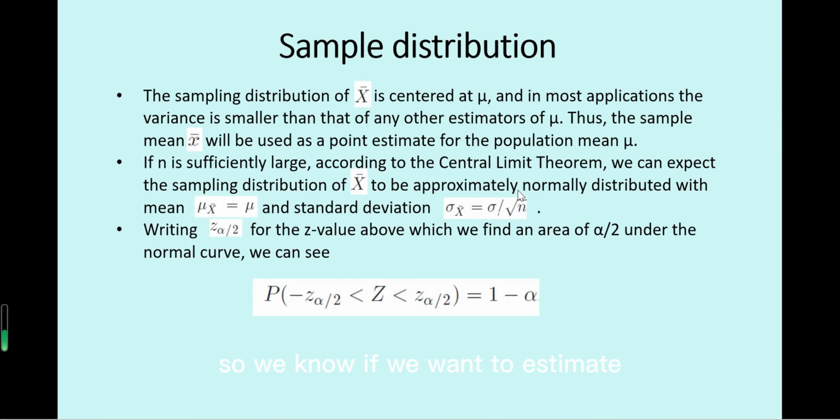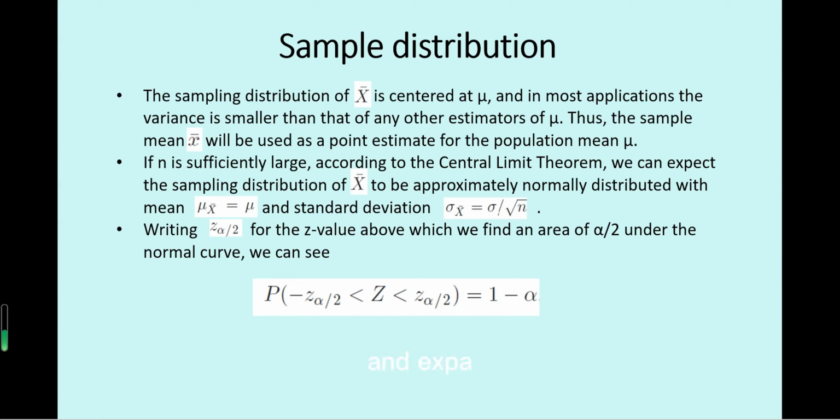If we want to estimate the value of the population mean, we usually use the sample mean, called x bar, because it is centered at the population mean, and in most applications the variance of x bar is smaller than that of any other estimator of the population mean. So we can call x bar the most efficient statistic estimate for the population mean.